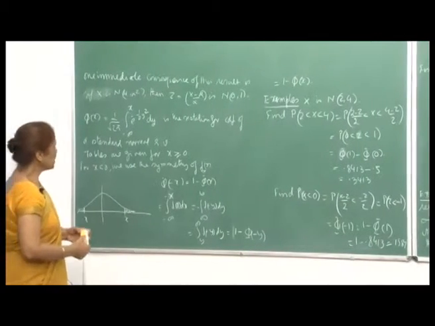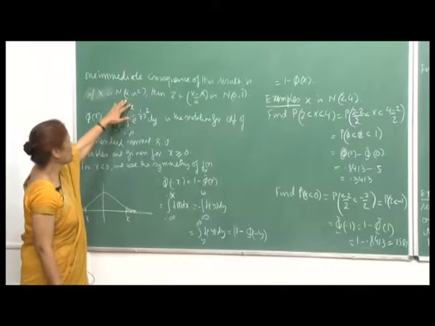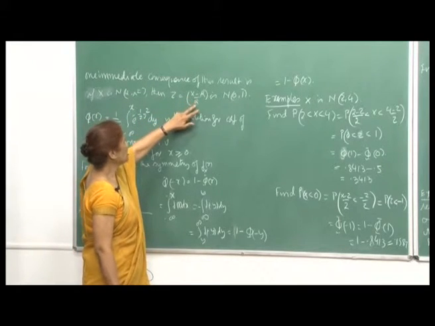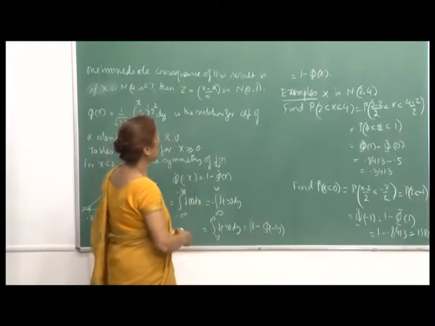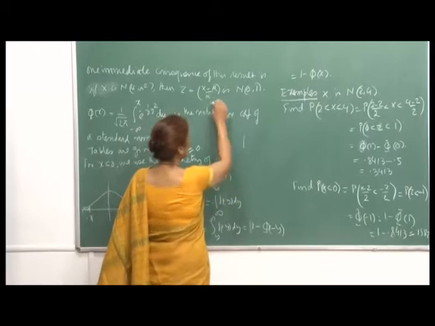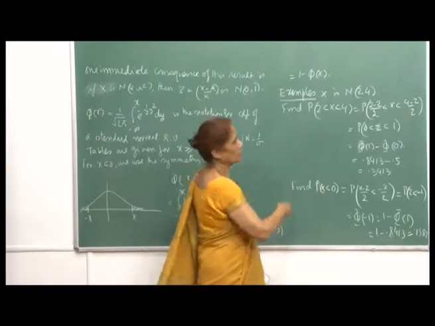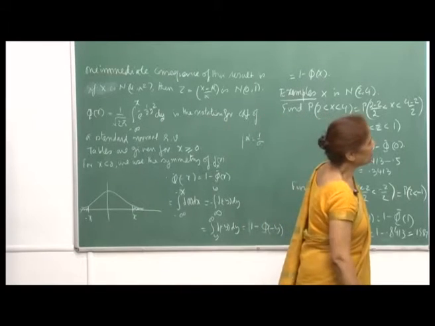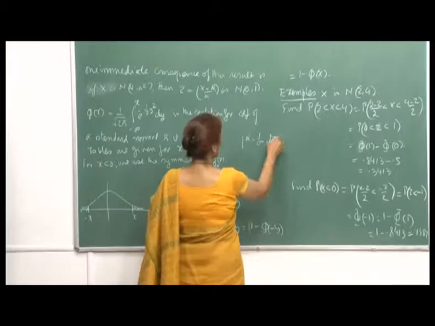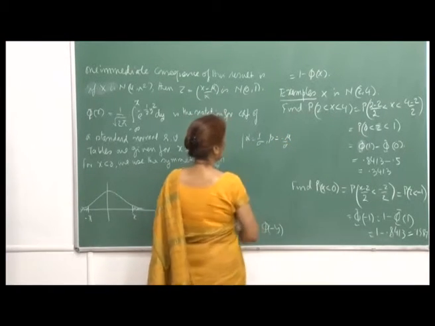Now, an immediate consequence of this result is that if x is N(mu, sigma square), then z, which you write as (x minus mu) by sigma, will be normal 0, 1. Because what is happening? Here alpha is actually 1 by sigma, if you compare it with the expression alpha x plus beta, and your beta is minus mu by sigma.